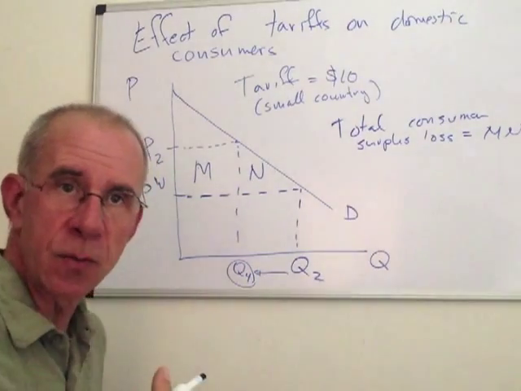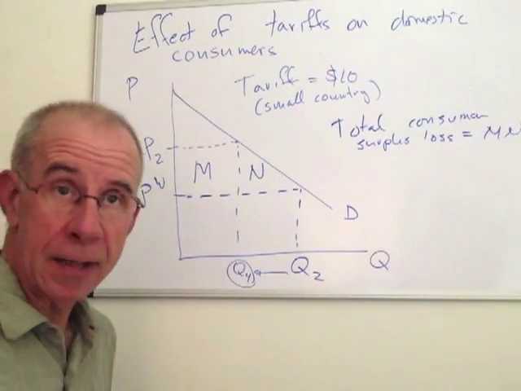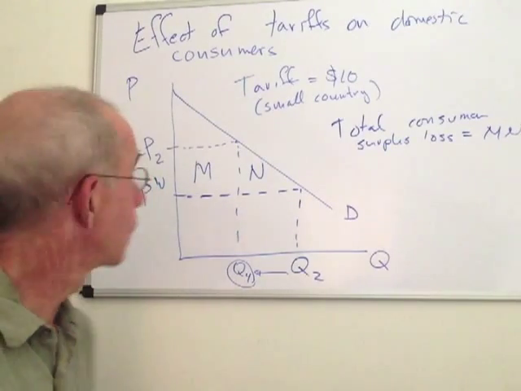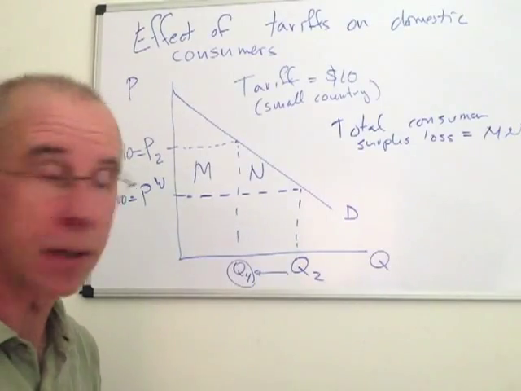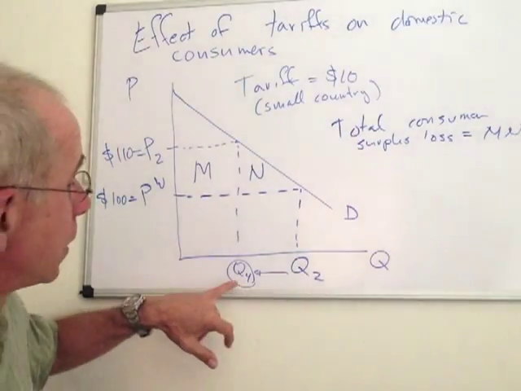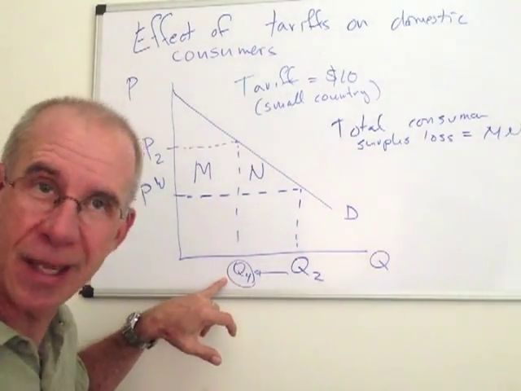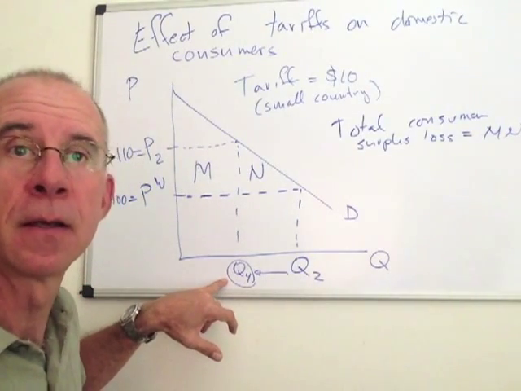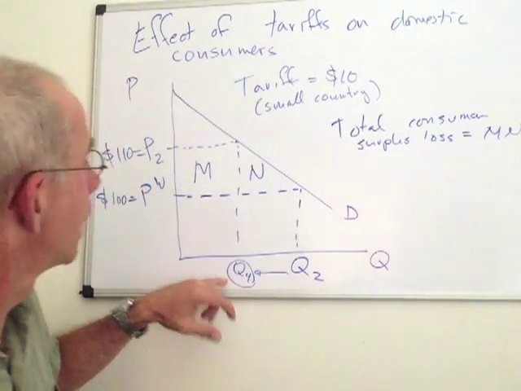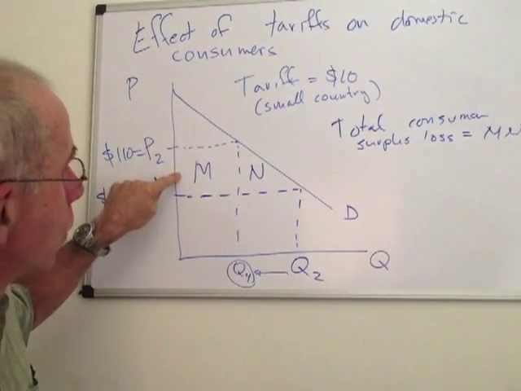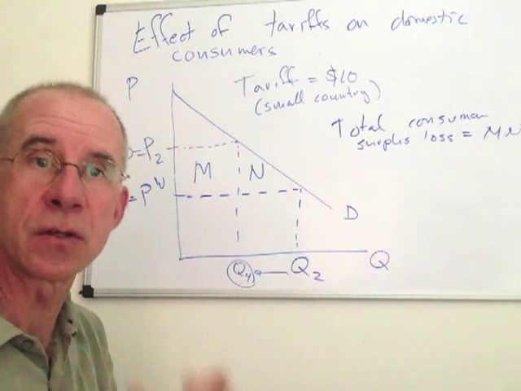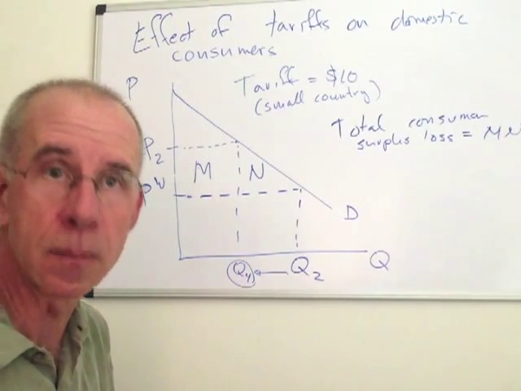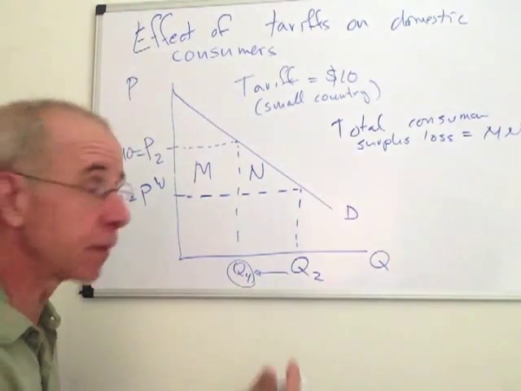Now, these are consumers that were buying this product before, when the price was $100, and they continue to buy this product at $110. So Q4 are consumers that have stayed in the market despite the fact that the price has gone up. In other words, M is the increased cost to the consumers that stay in the market after the tariff.